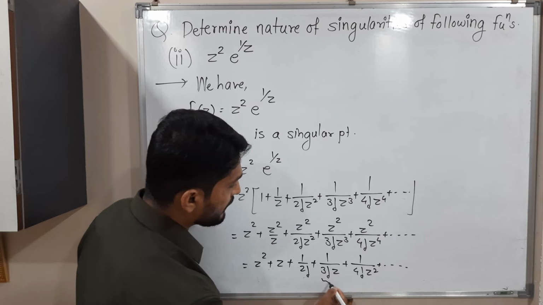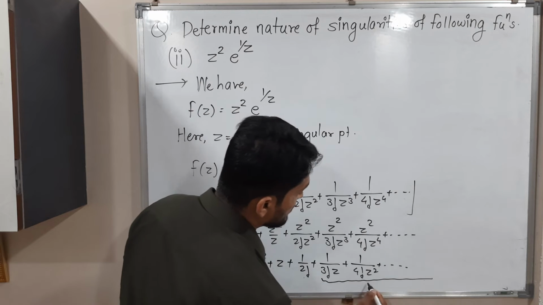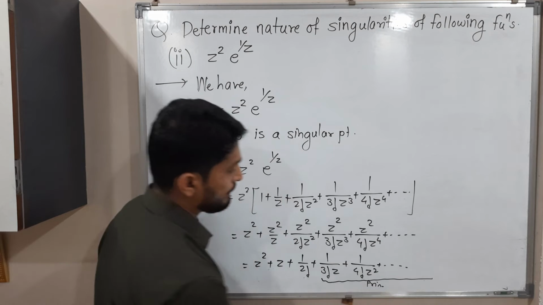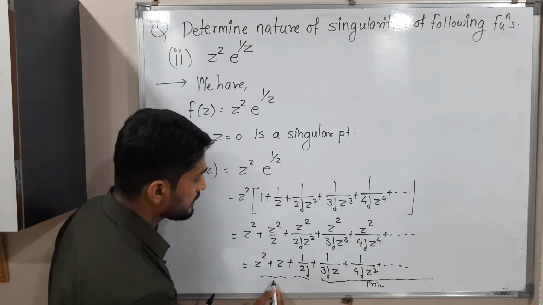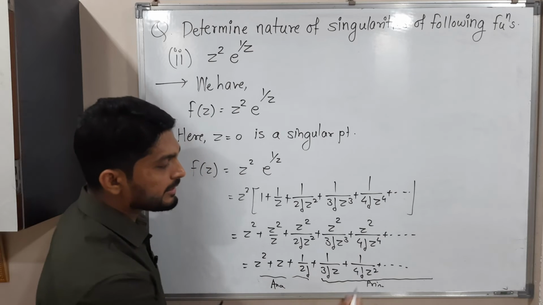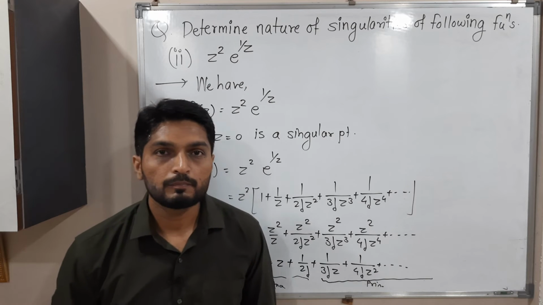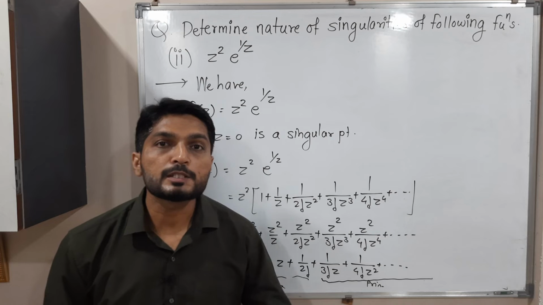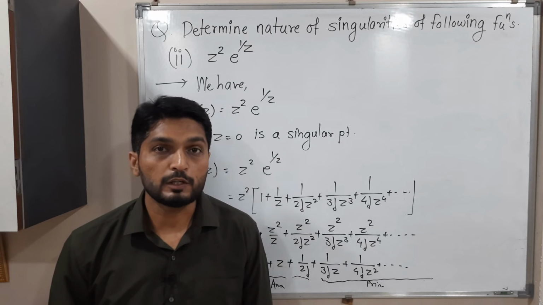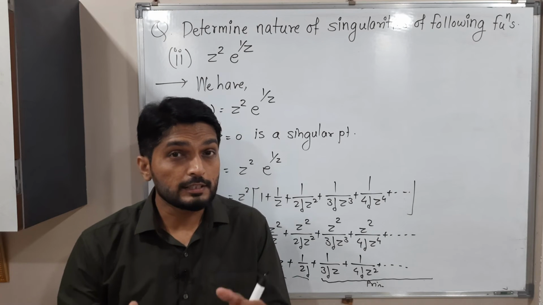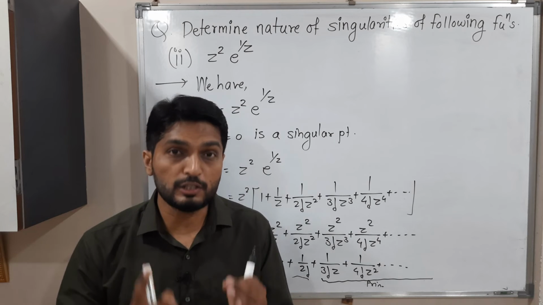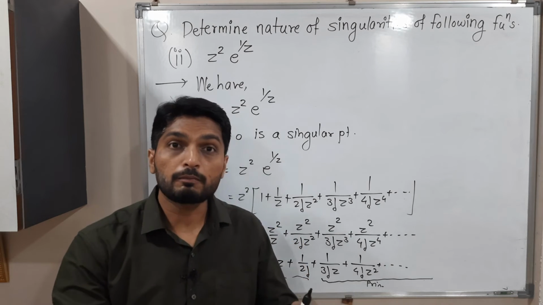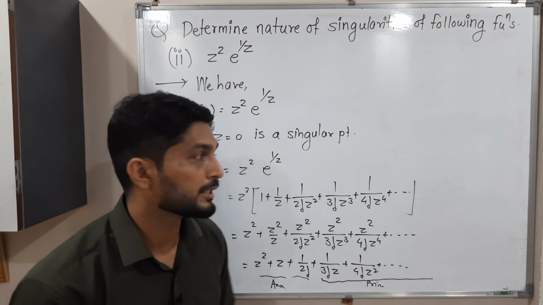Here z is in the denominator, here also. So this is the principal part. Analytic part means z appears in the numerator. So this is the analytic part. How many terms are there in the principal part? Infinitely many, it is not terminating anywhere. So which kind of singularity? It is an isolated essential singularity, since the principal part has infinitely many terms.